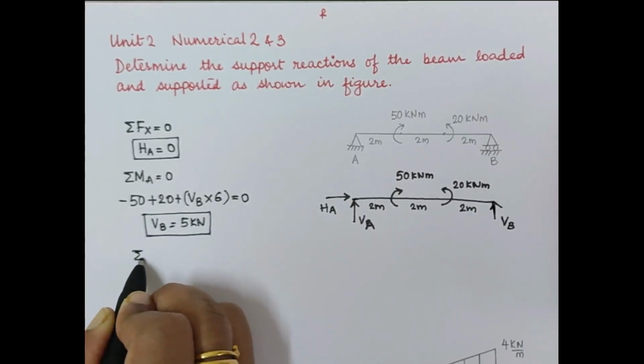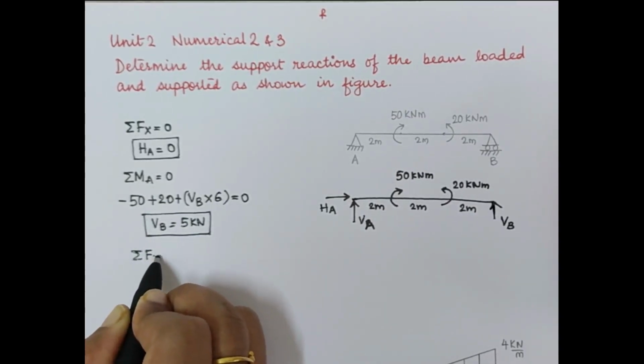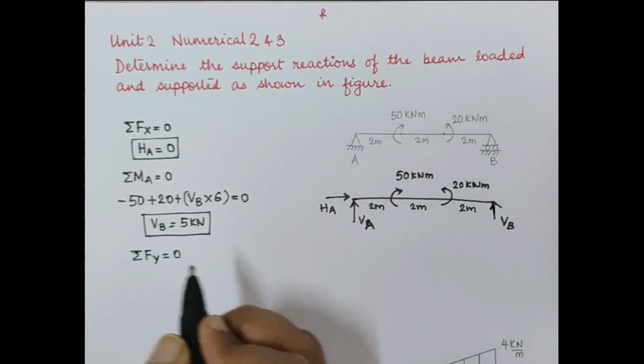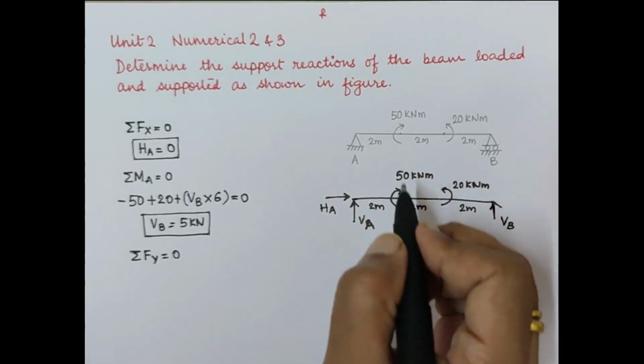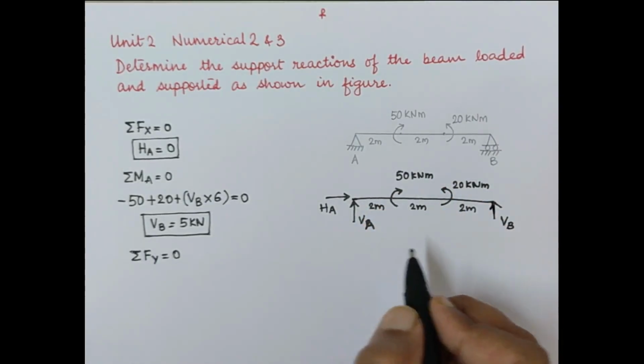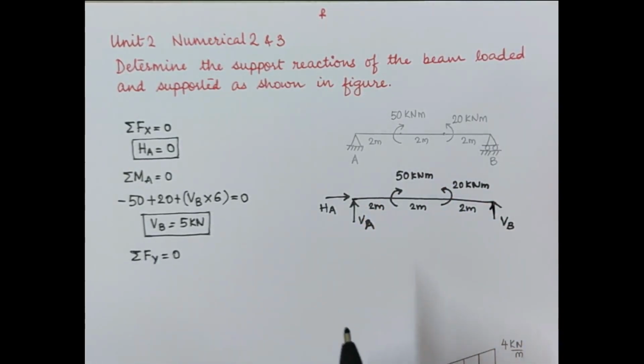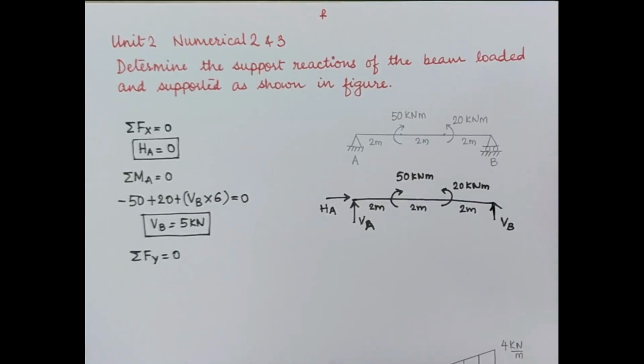Let's use the third equation, that is summation forces in y direction equal to 0. In this particular question we notice that there is no vertical force acting against VA and VB. Therefore VA has to actually be totally opposite to VB, so they both will be opposite in sign. Let us calculate the same and check whether what we are getting is correct.